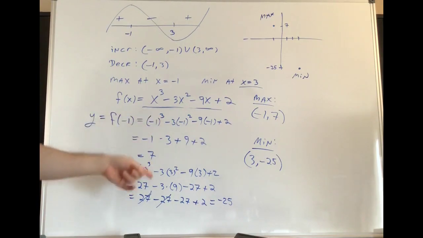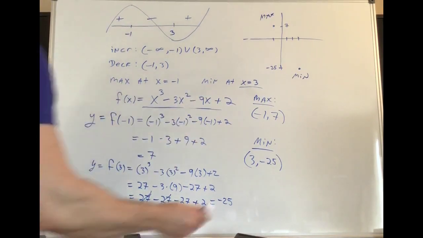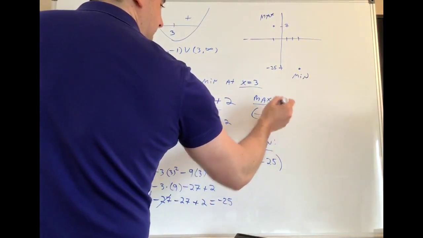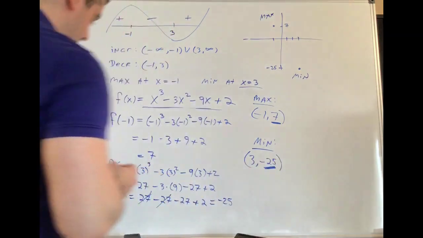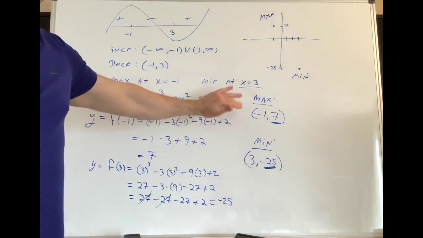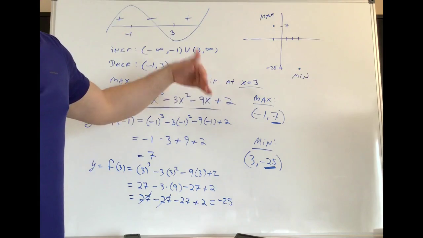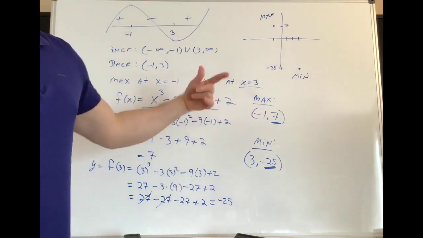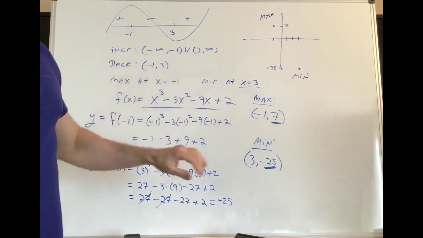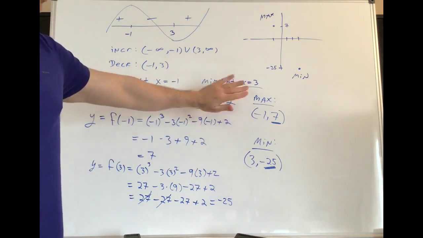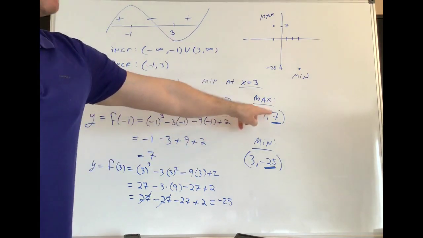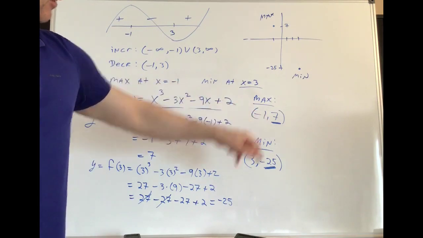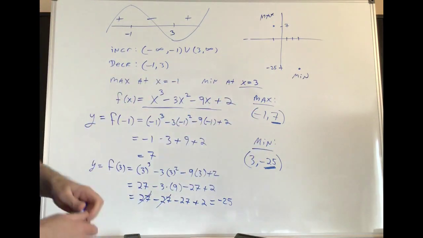I plugged in those numbers, and then I figured out this is the maximum, 7. This is the minimum. Negative 1 is not the maximum. Negative 1 is the x value where you get the maximum when you plug it in. It's important you understand this, okay? So this point is the maximum, but the y value is what the max is. It's the largest y value and the smallest y value.